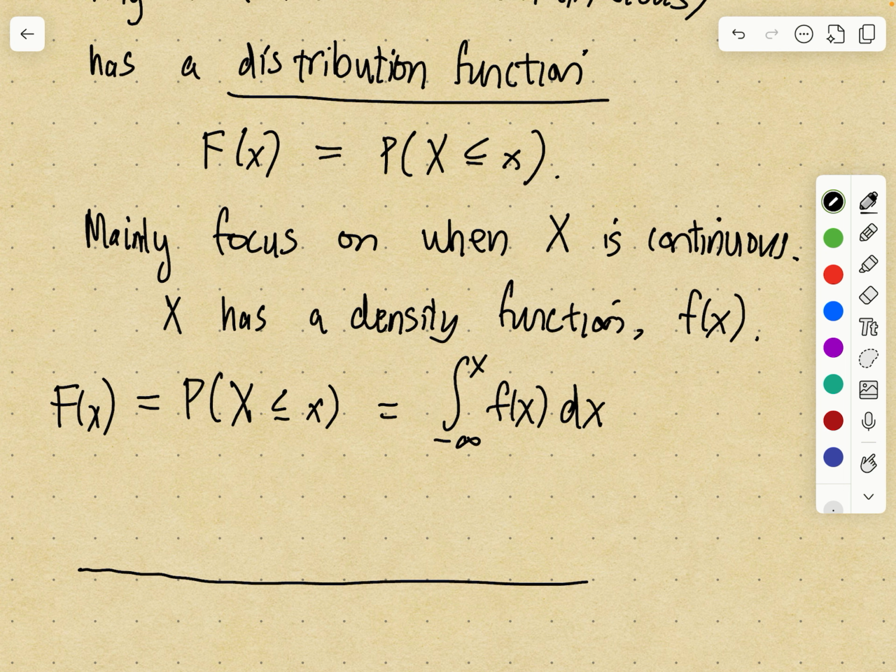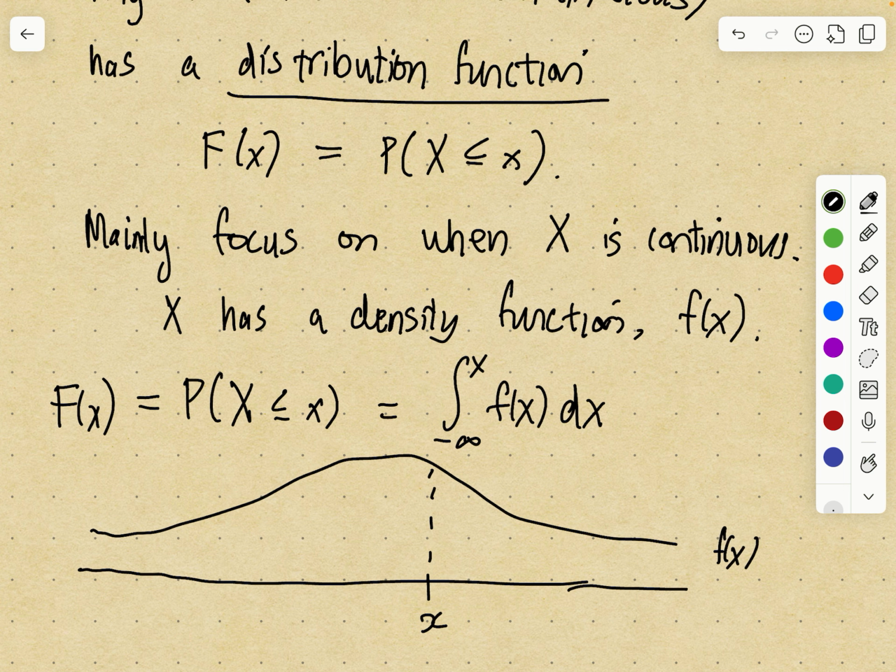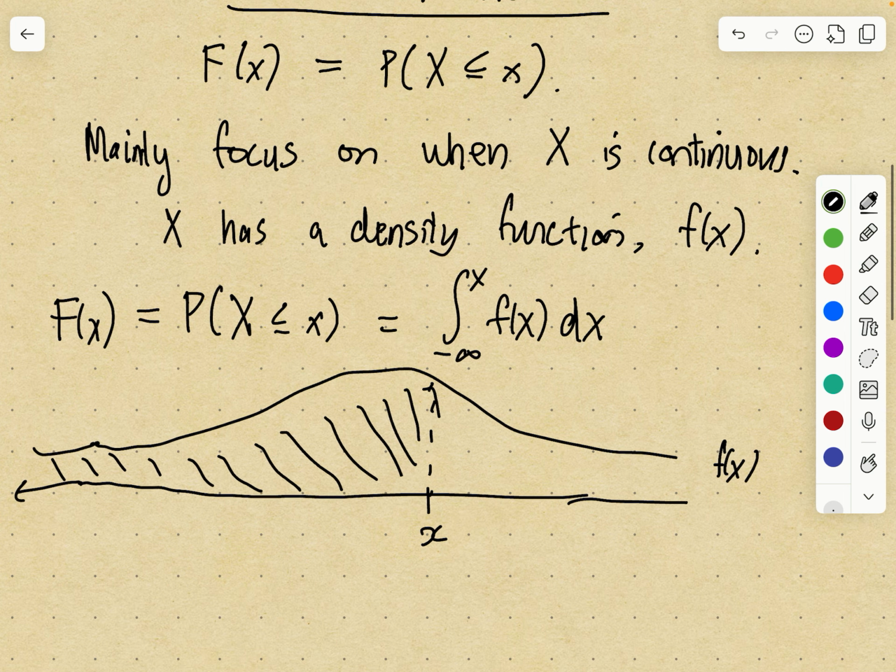So if your density function is like this, let's say this is your f of x, then your capital F of x here is going to be the area. So this just goes forever. It's the area up to this point, x. So this area is capital F of x.